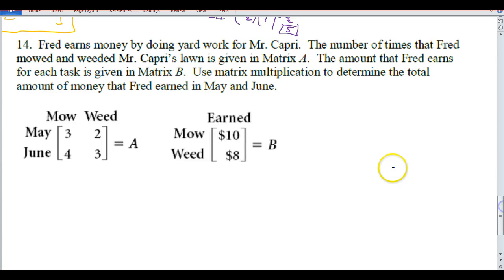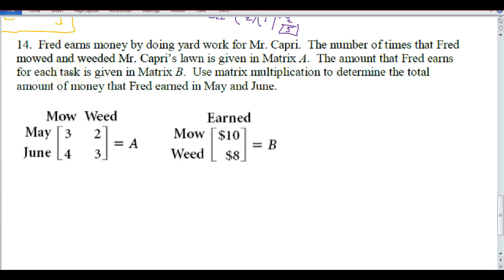Okay, Fred earns money by doing yard work for Mr. Capri. The number of times that Fred mowed and weeded Mr. Capri's lawn is given by matrix A. Okay, so I guess in May he mowed the lawn 3 times and weeded twice. In June he mowed 4 times and weeded 3 times. Alright, fine.